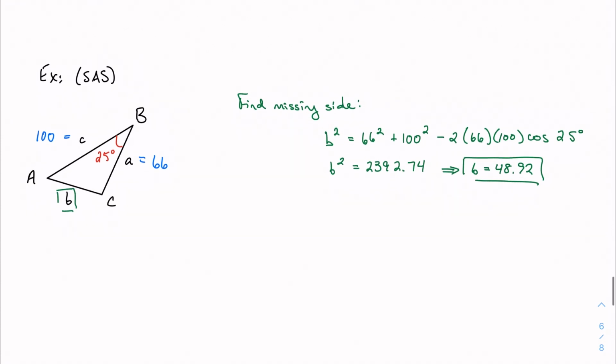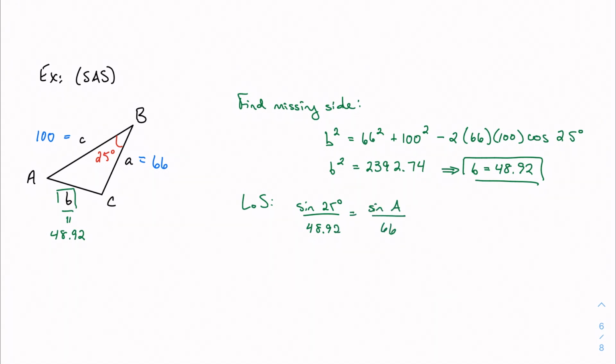All right, well, this is great. I have now a side and its opposite angle, or an angle and its opposite side. So I'm done with the law of cosines, and I'm going to use the law of sines from here. So sine 25 over my answer here, it's not squared, equals, we'll do a first, but it doesn't really matter.